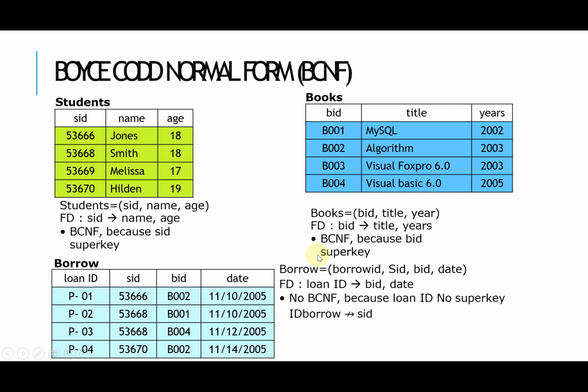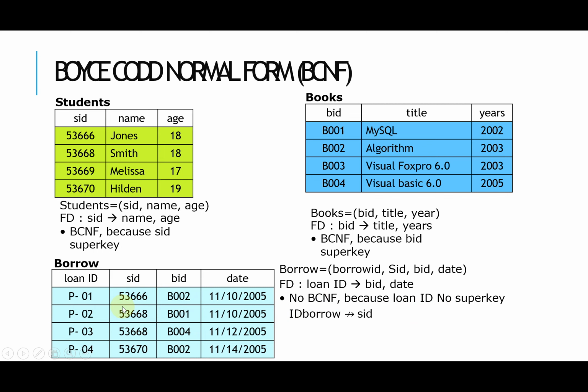and the books is BCNF. Okay, because BID is a super key, from the title and years. But for the borrows, SID, BID, and that. Okay, for example, this loan ID is just BID and that, not BCNF because loan ID is not a super key to the BID, borrow, or SID here.